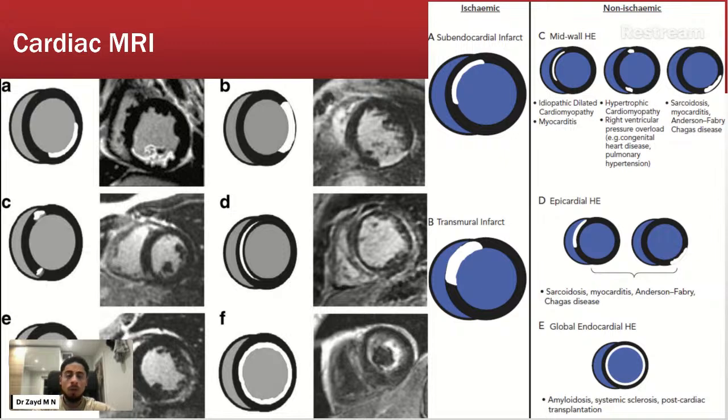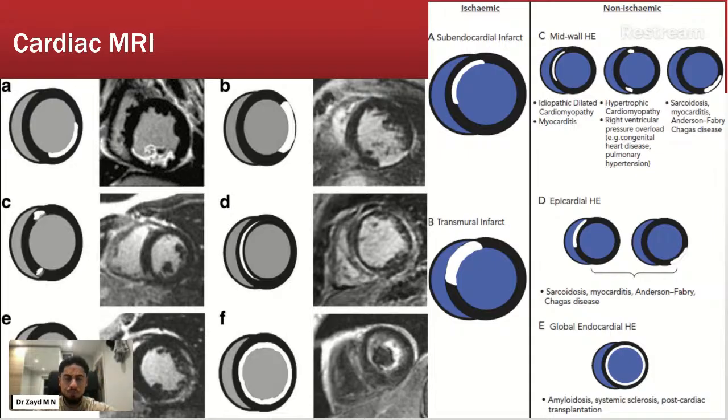Image C is more in keeping with myocarditis. Okay, if you can see here, there is some mid-wall hyperenhancement. Okay, mid-wall hyperenhancement is often in keeping with myocarditis rather than any kind of MI or anything like that.